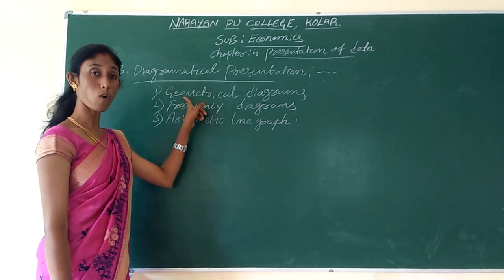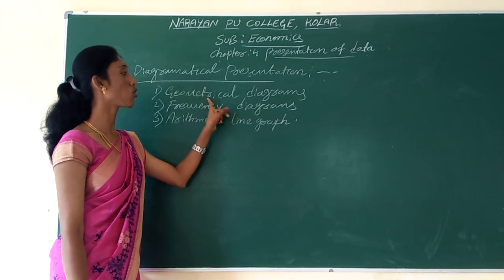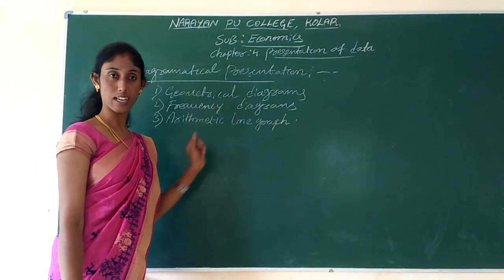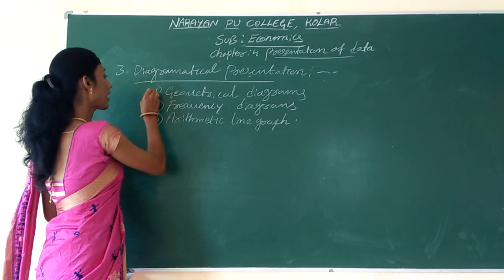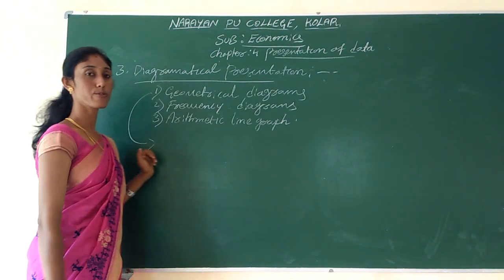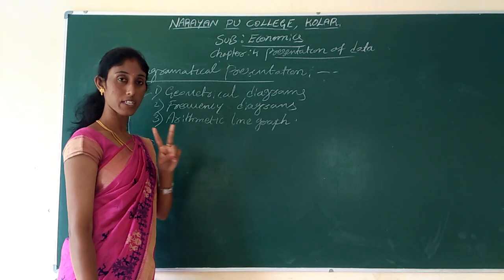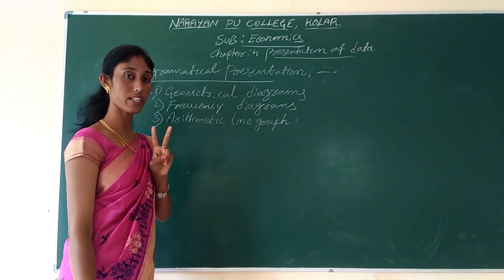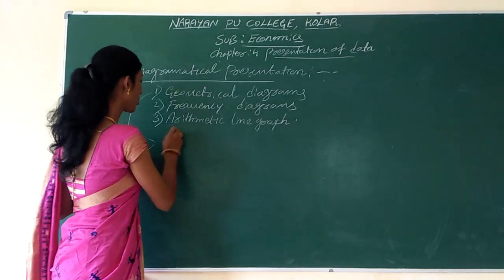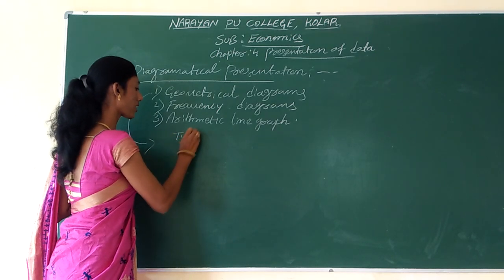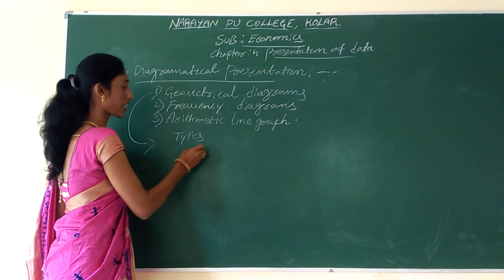In that, we have already started the discussion of geometrical diagrams. Here, again, we are going to classify geometrical diagrams into two forms. What are the two types of geometrical diagrams?